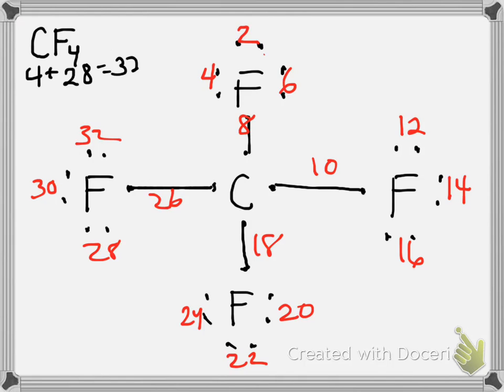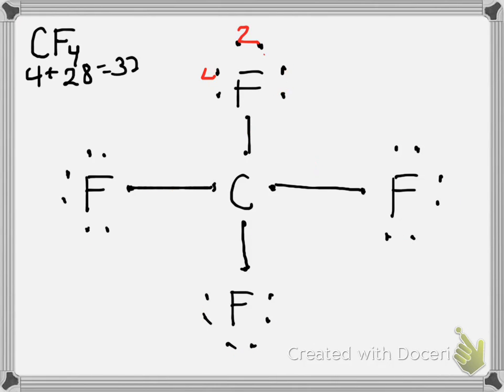So if everything has what it needs, generally again, like we said, 8, and if everything has the total number like it needs, we're done. So in this case, this is what our molecule looks like. Right there. Okay? And that's how you do Lewis structures.